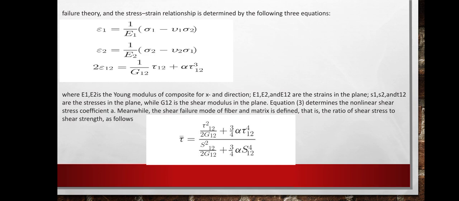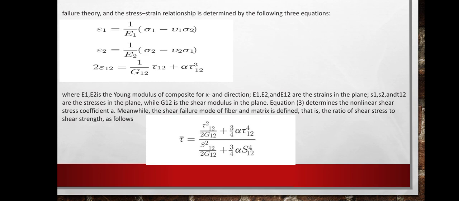where E1 and E2 are the Young's modulus of a composite in the x and y direction. Epsilon 1, epsilon 2 and epsilon 12 are strains in the plane, and sigma 1, sigma 2 and tau 12 are the stresses in the plane, and G12 is the shear modulus in the plane. The equation determines the nonlinear shear stress coefficient.